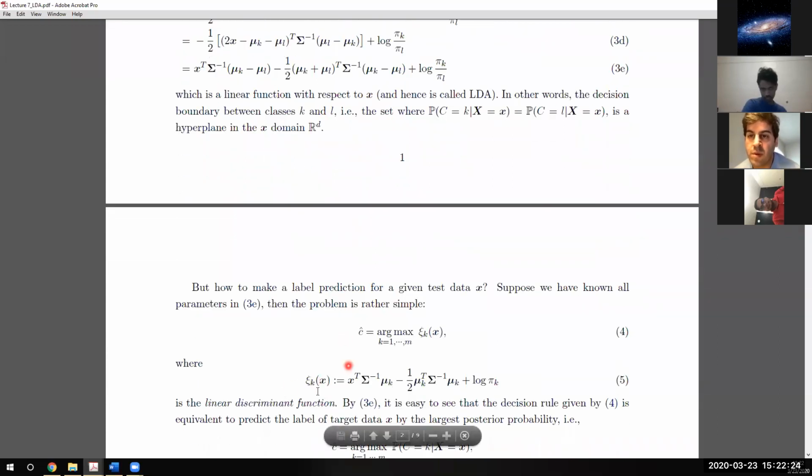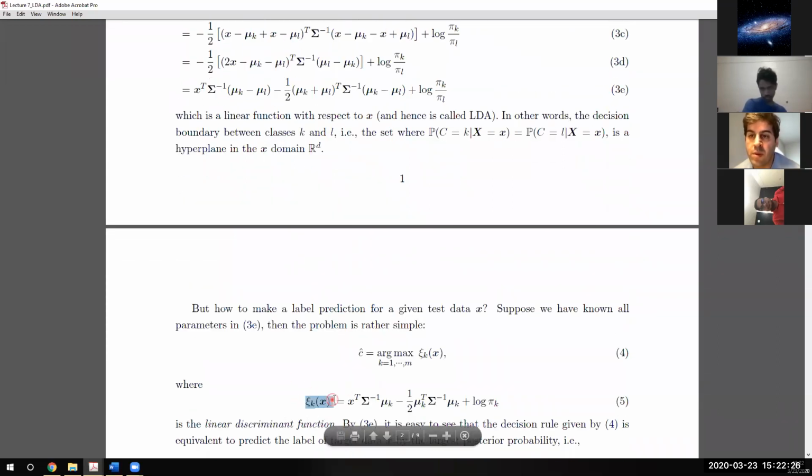So I just need to define this C, which is called a linear discriminant function, in this way. And the phi is from where? It's from 3e. If you observe 3 and 5, you see what is the difference? The difference is that 3e equals C_k(x) minus C_l(x).